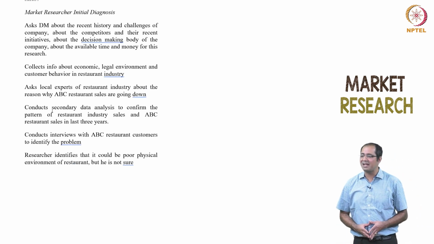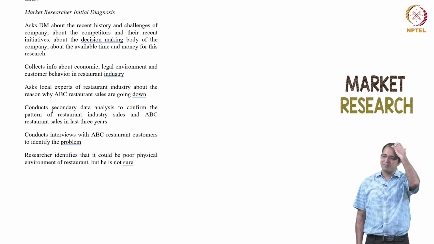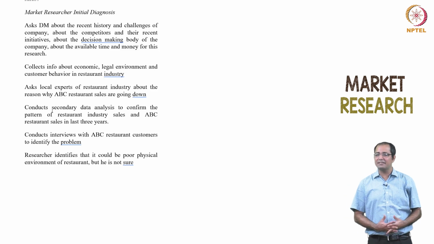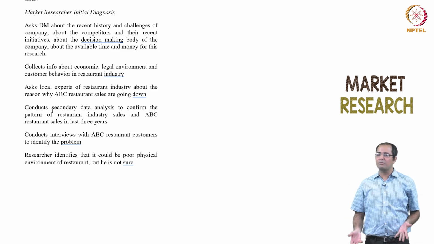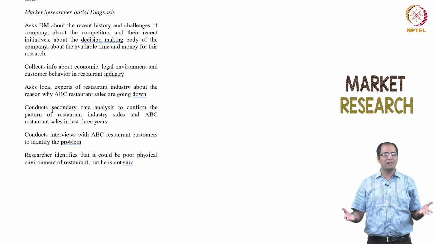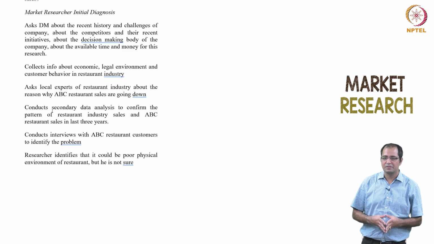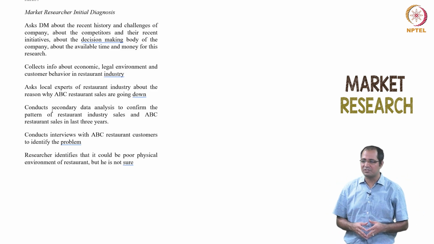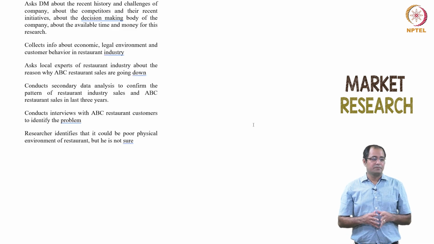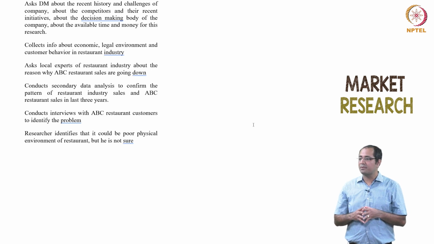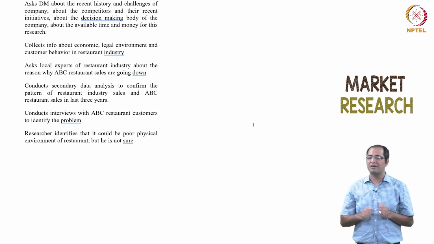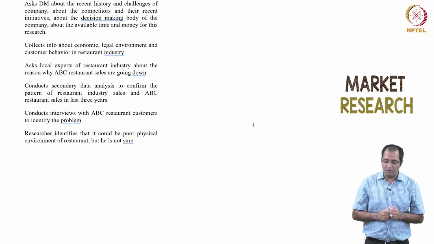Now you need to write down the marketing research problem, break it into components, and then use your mobiles, whatever device you have, to identify the constituents of the physical environment of a restaurant. First of all, write the marketing research problem. So start writing the marketing research problem for this poor physical environment of the restaurant.